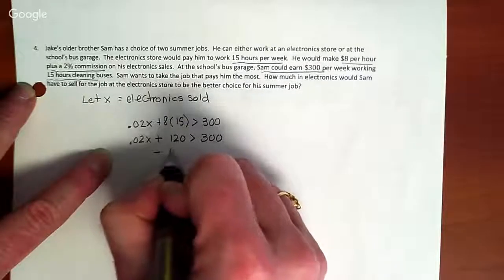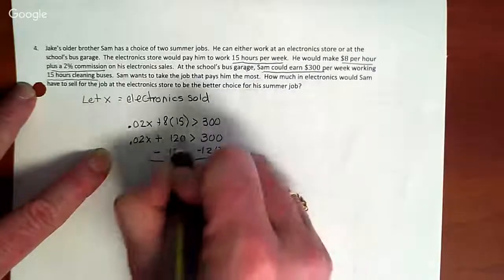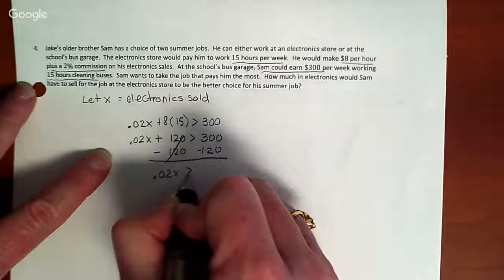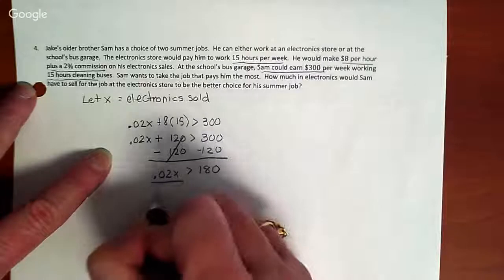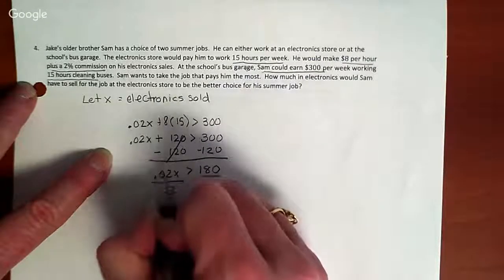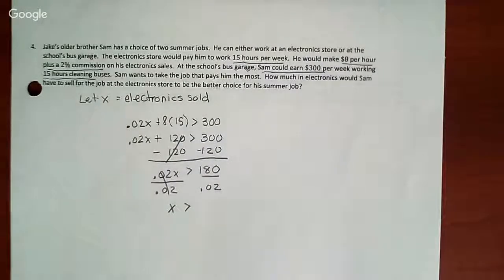So when I subtract 120 from both sides, we get 0.02x is greater than 180. And then we divide both sides by 0.02. X should be greater than, let me get my trusty calculator out here, $9,000 in sales.